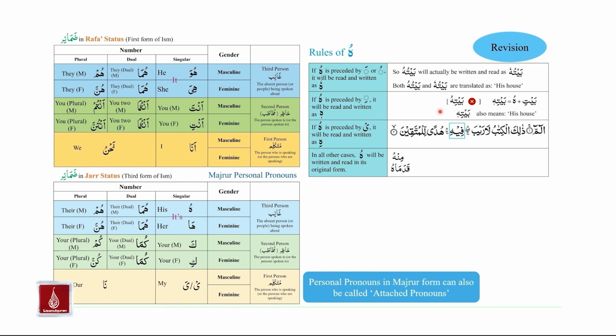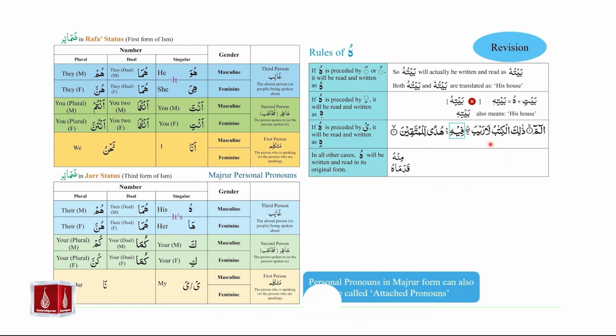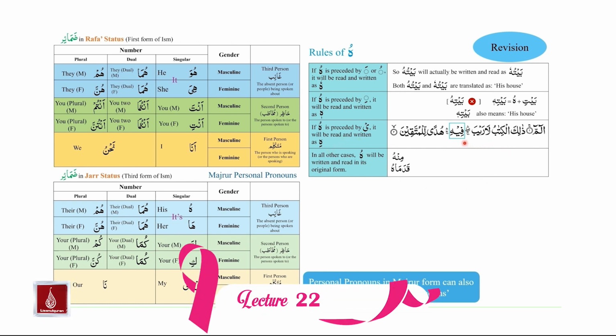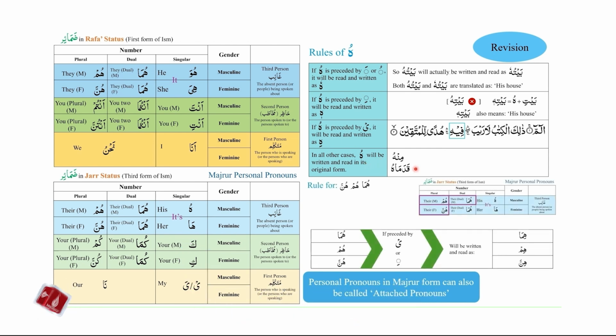For example, baytihi. If hu is preceded by ya with a sukoon on it, it will be read and written as hi. An example from Surah Al-Baqarah where we see fihi. And finally, in all other cases, hu will be written and read in its original form. There are also some rules for huma, hum, and hunna.